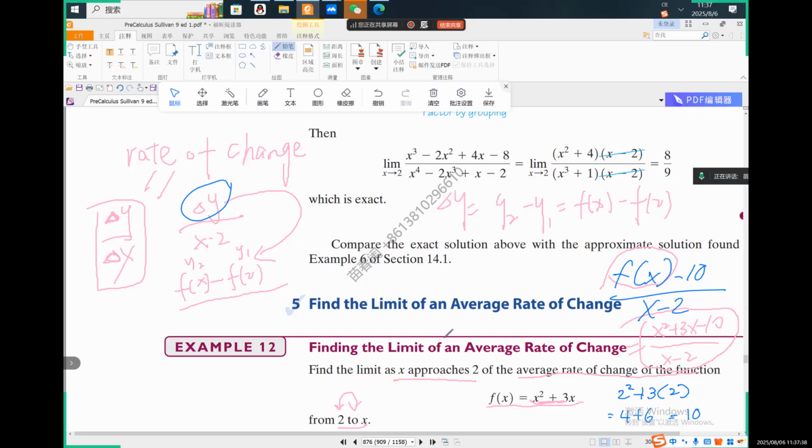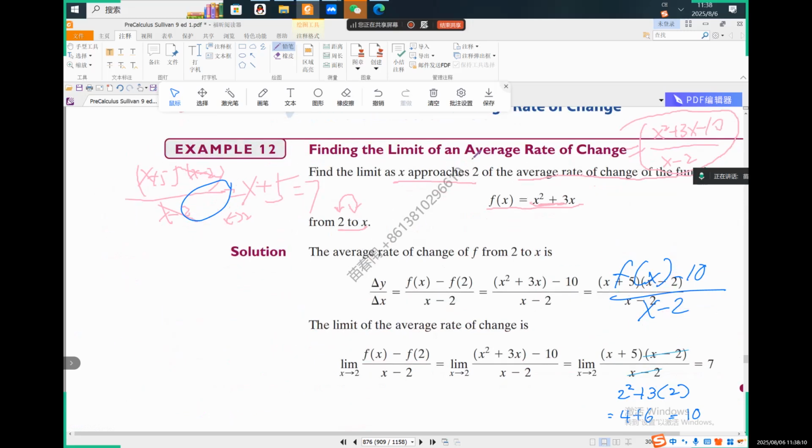I can still use factorization to simplify: (x plus 5) times (x minus 2). So this is x plus 5. Sorry, I forgot what f(x) actually equaled. Then as x approaches 2, this approaches 7. So the rate of change is 7 for this one.